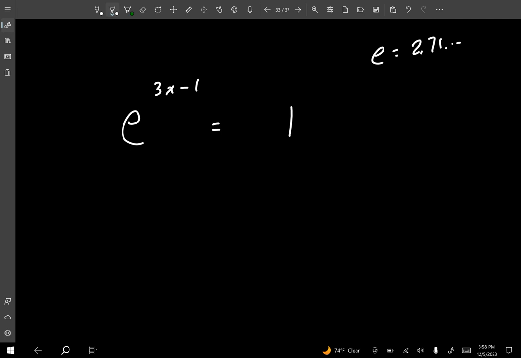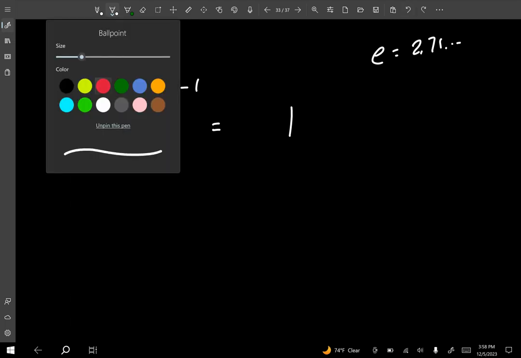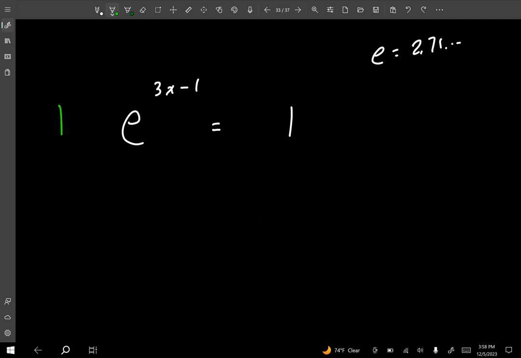All you need to know is that if I want to cancel out a base of e, I need a log base e, right? But instead of writing log base e, we're going to remember that there is a symbol for that, and that is natural log. So instead of using log base e, I'm going to say natural log on this side and natural log on this side.